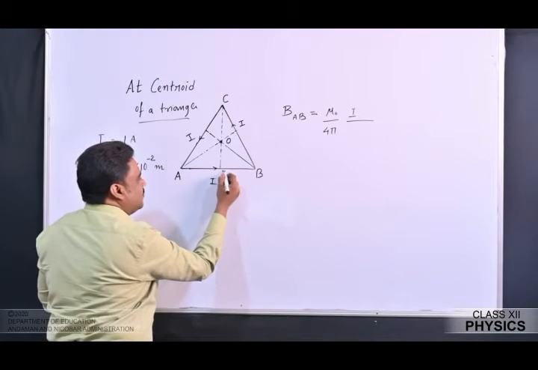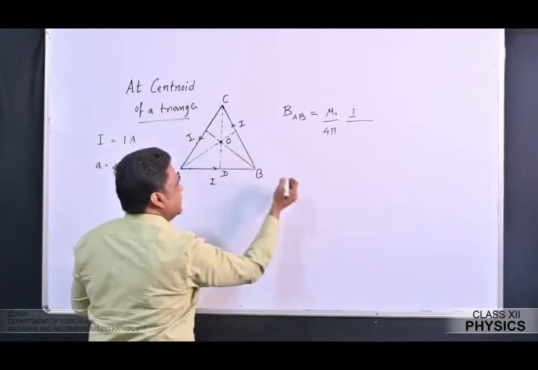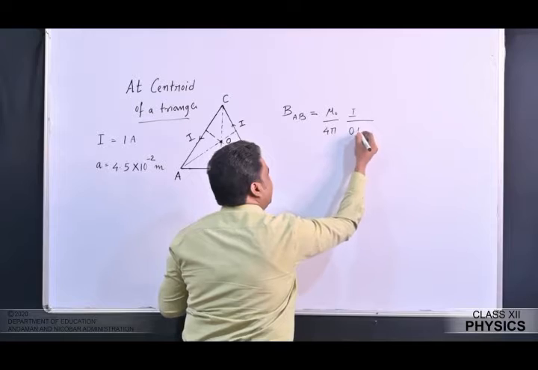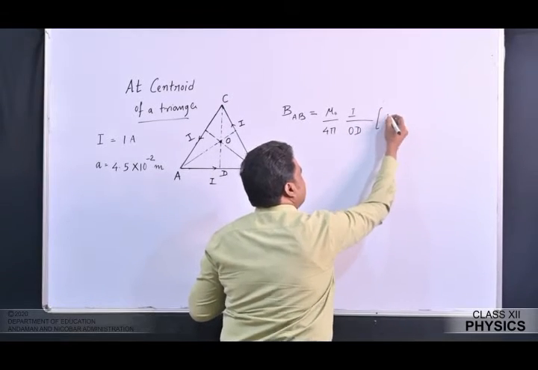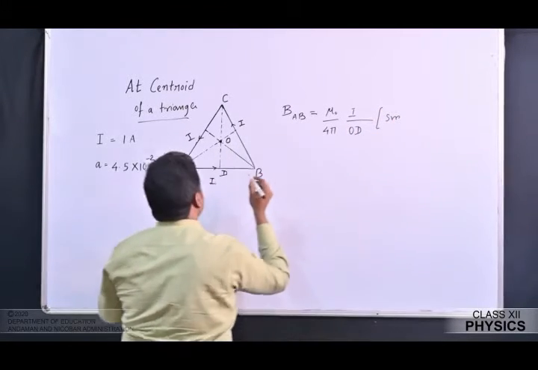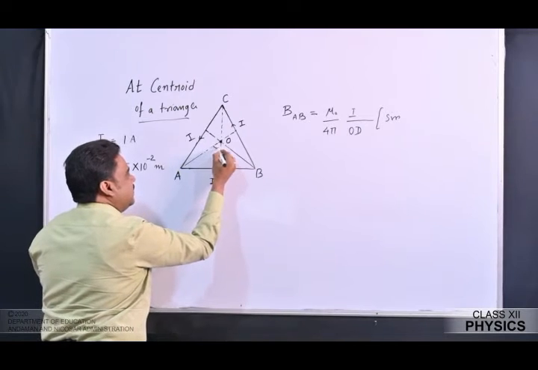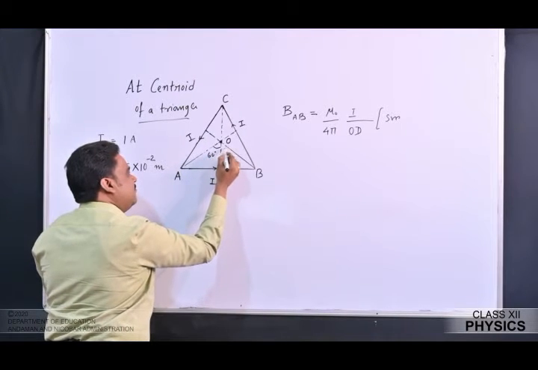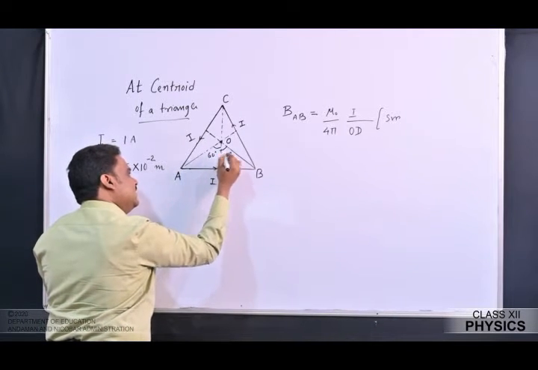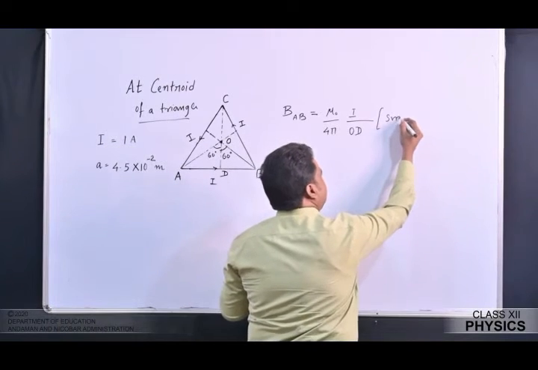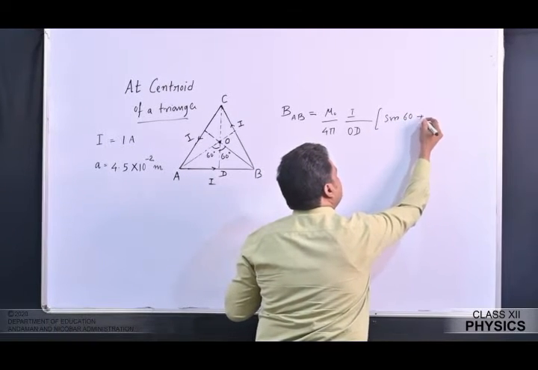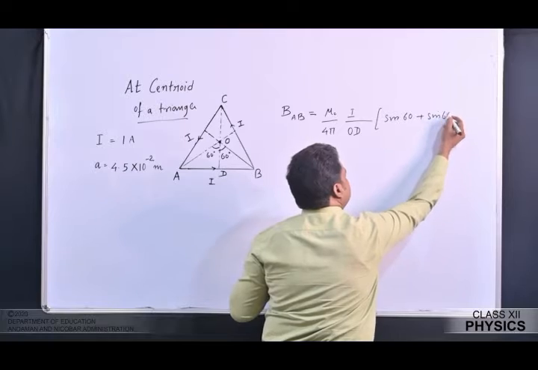I am going to mark OD as the location distance, so it will be I by OD, into sine of the angles. Since it is an equilateral triangle, phi 1 will be 60 degree and phi 2 will also be 60 degree. So I can write sine 60 plus sine 60.